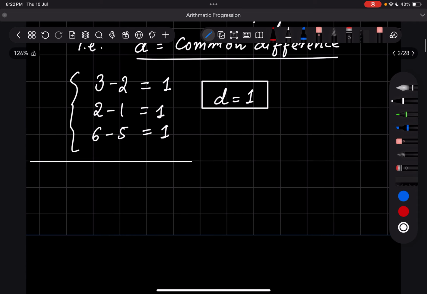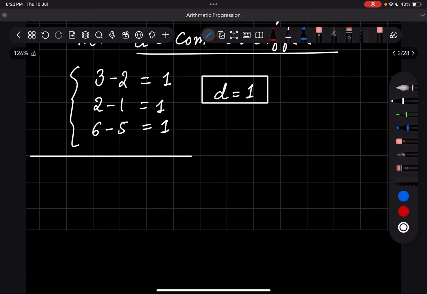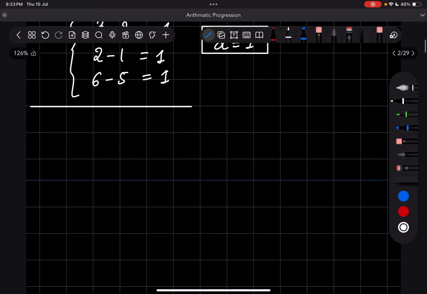Now, if we have to generalize an equation, what will we have to do? We will have to produce one general equation for an arithmetic progression.